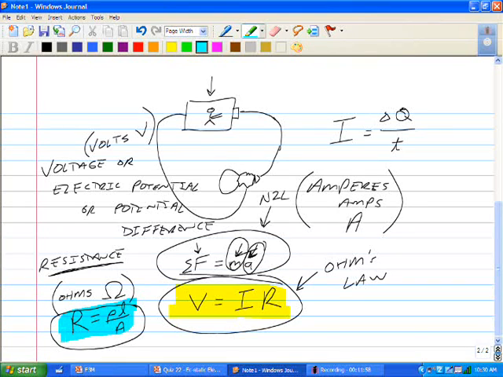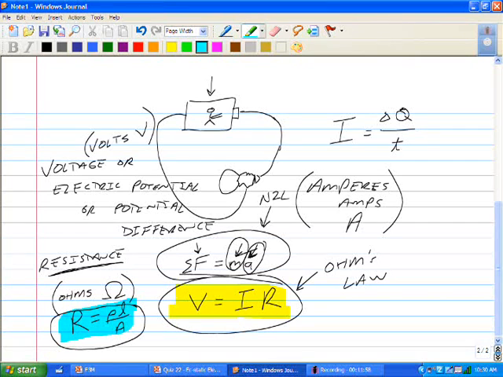Well, if you ever read the warning signs on an extension cord, what's one of the things it tells you not to do? Don't connect them to each other. You don't take a 100-foot extension cord and connect it to another 100-foot extension cord.